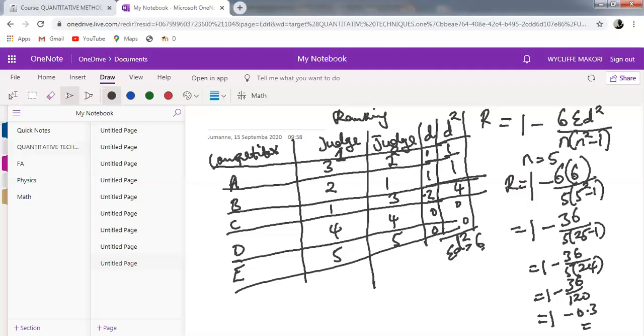So you'll find the answer is going to be 0.7. That is 1 minus 0.3 is 0.7. And actually remember here it is positive. So it is a case of a high positive correlation also.